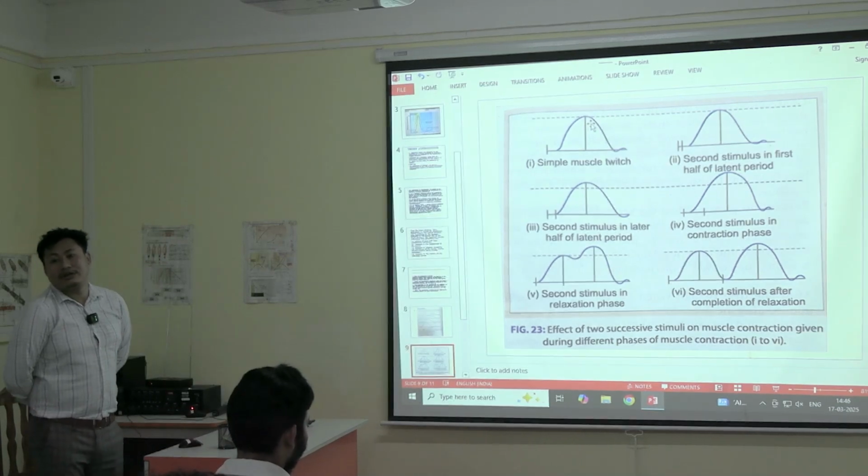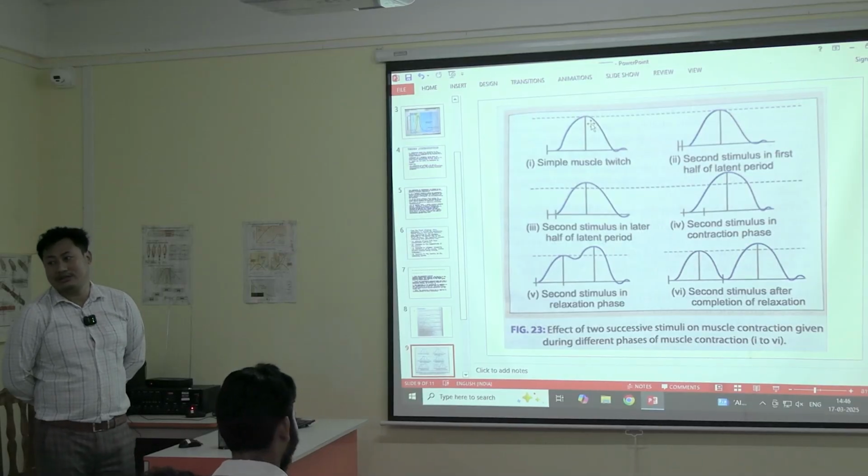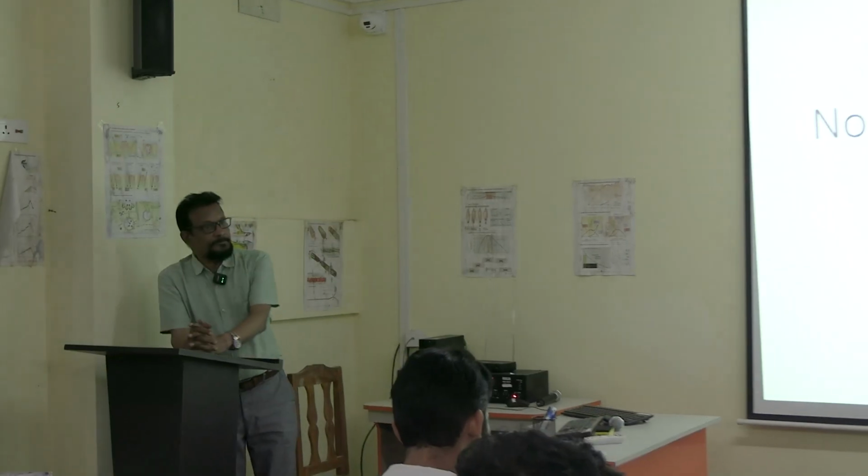It is not giving any time to conduct any other stimuli. Here's experiments on amphibian skeletal muscle. Why? To demonstrate some properties of the skeletal muscle. Summation is one of the properties of skeletal muscle.